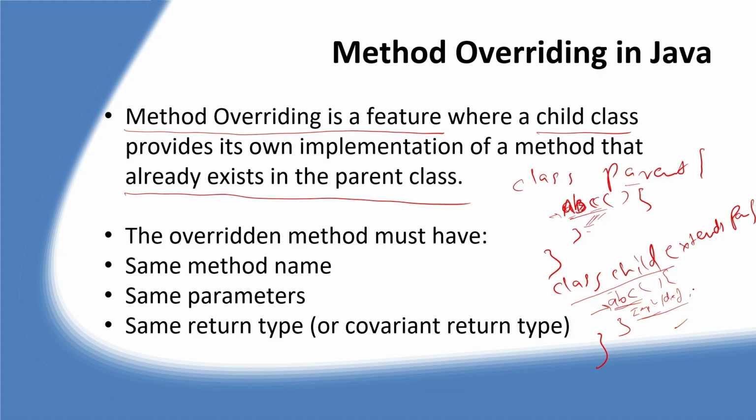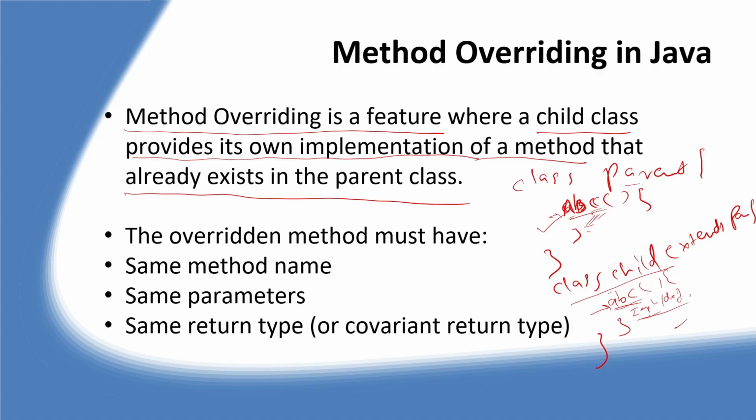So what do we call this feature? We call it method overriding. Method overriding is a feature where a child class provides its own implementation of a method that already exists in the parent class.